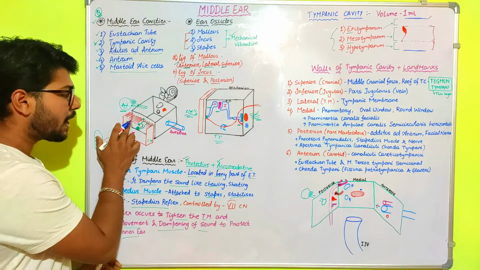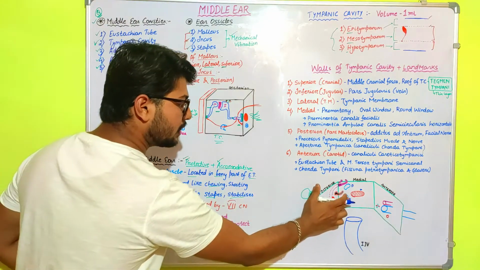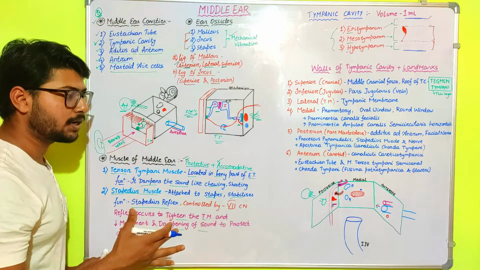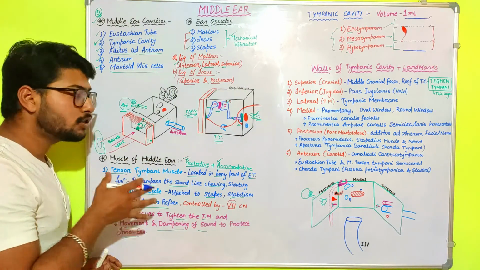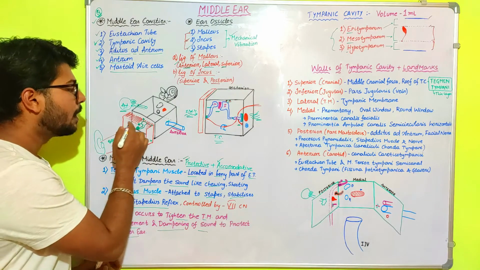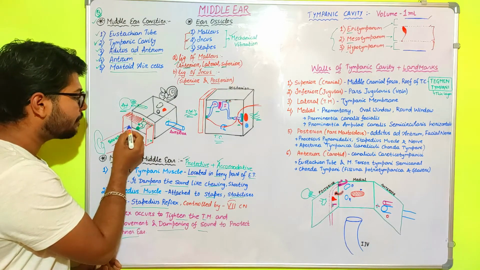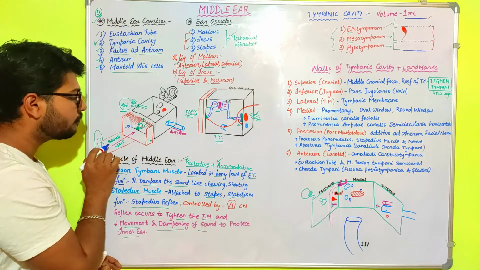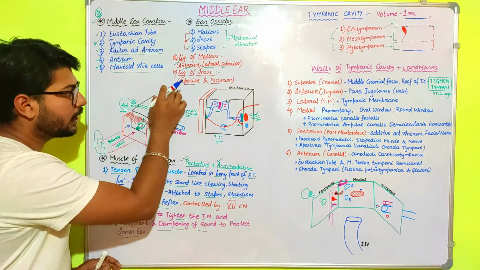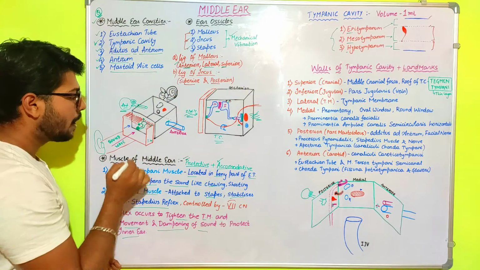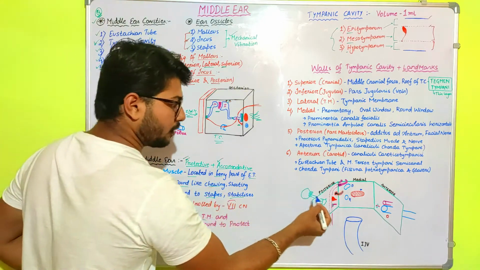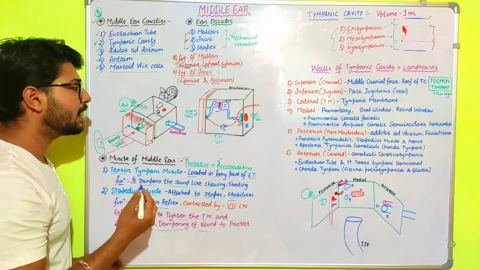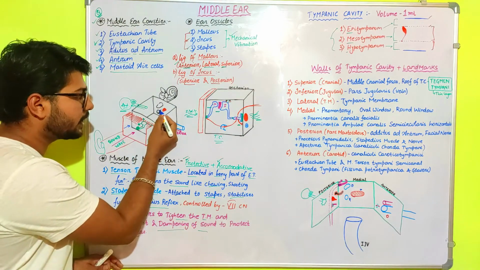This is the primary tympanic membrane, and the membrane that covers the round window is the secondary tympanic membrane. If the primary tympanic membrane vibrates in this direction due to the primary flow of the sound wave towards the inner ear, the round window membrane, or secondary tympanic membrane, vibrates in the opposite direction.